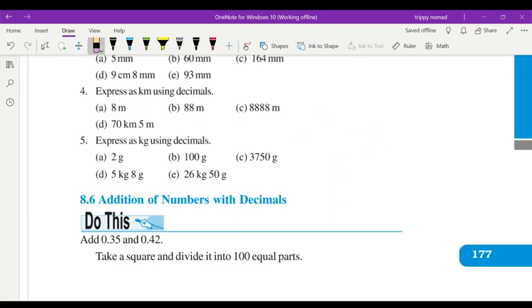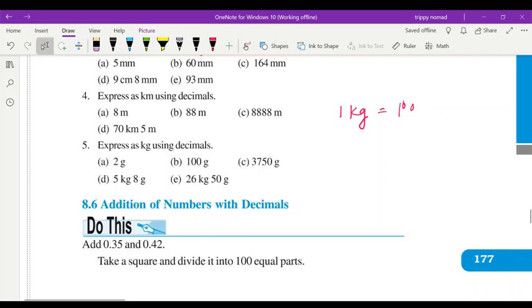Now express as kilogram using decimal. So same way you will do this sum. Question number 5, I am writing an important note. 1 kilogram is equal to 1000 grams.